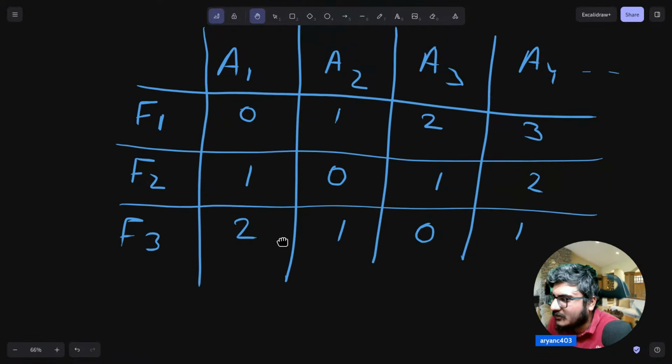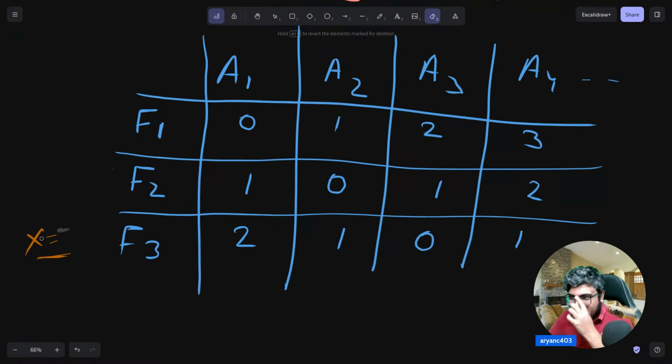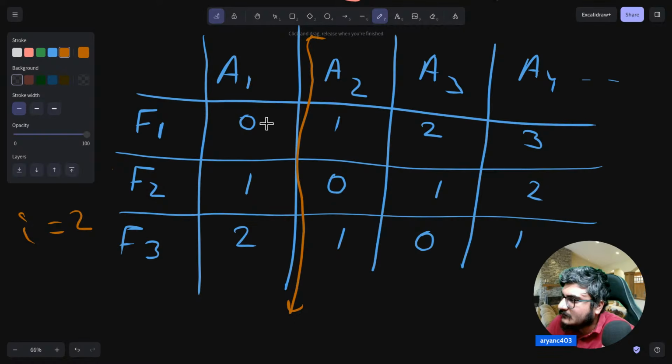Now, if you focus on what is happening here, if we focus on i equal to x equal to 2, or essentially index 2, for all the elements before it, it keeps on decreasing by 1.